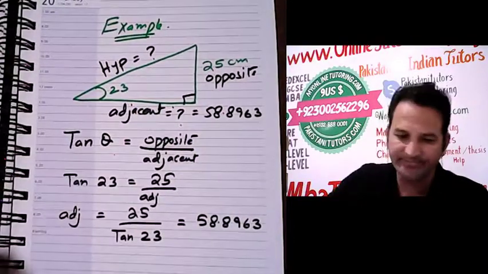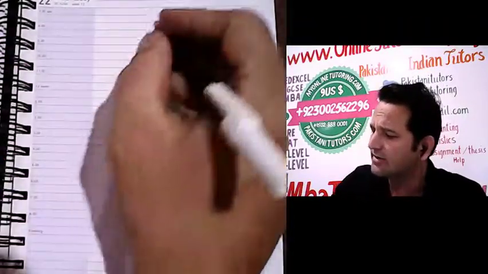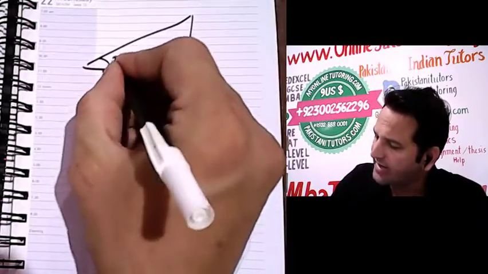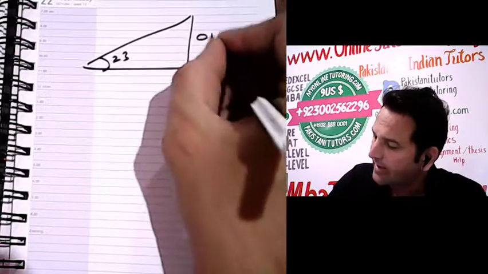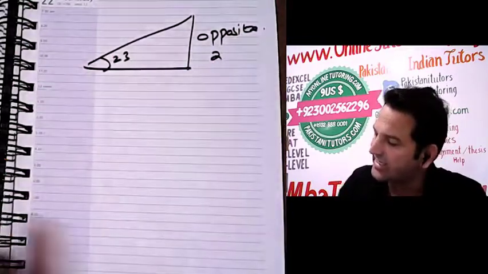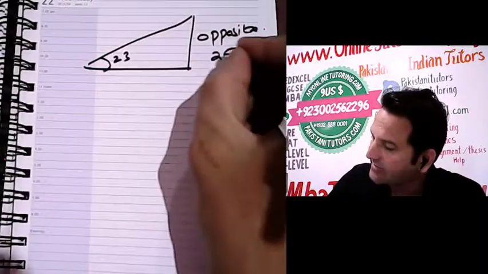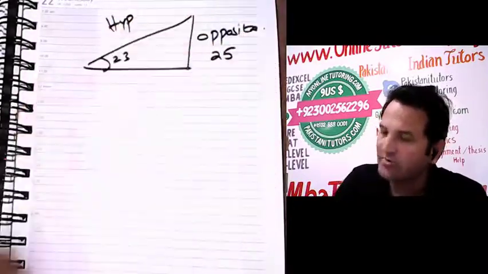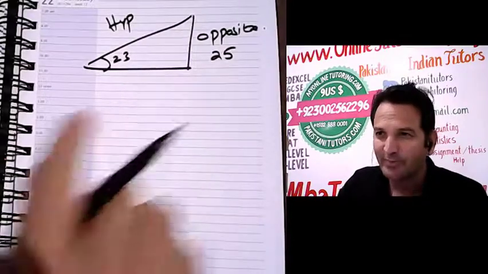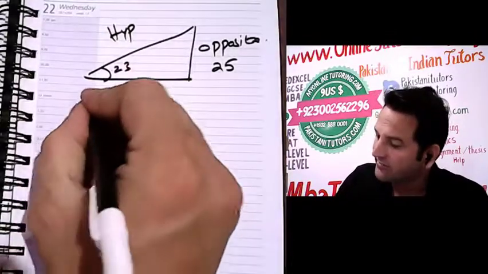How will this be done? Look at this again, I'm drawing it again. This is angle 23. The opposite side is 25, and this time we want to find out the hypotenuse because the adjacent is already known. So now we use sine.